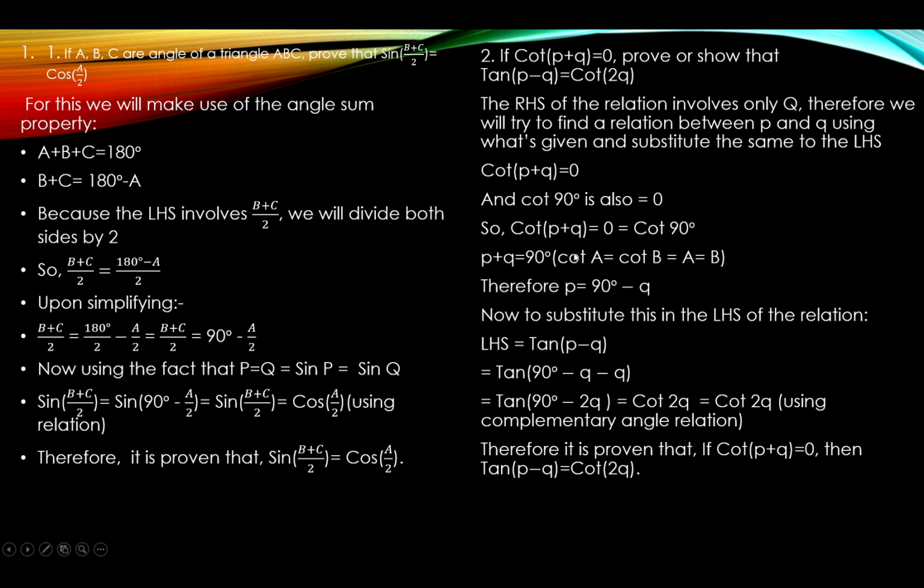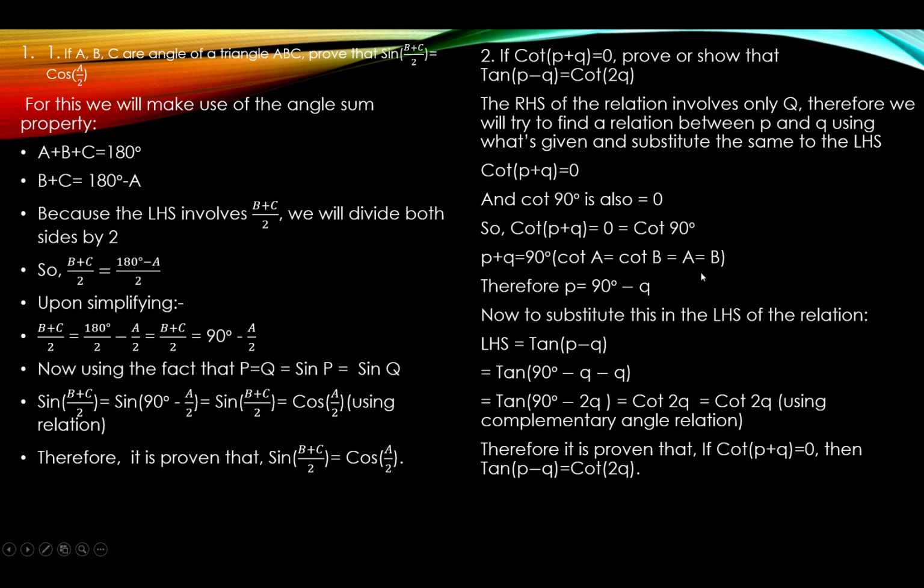Because both of them are equal to 0, cot (p plus q) is equal to cot 90. And now using the fact that if cot A is equal to cot B, then A is equal to B, I find that p plus q is equal to 90 degrees, and p is equal to 90 degrees minus q. The reason why I found the value of p is because I will be substituting this value in the LHS, which is tan (p minus q), to get q on both sides.